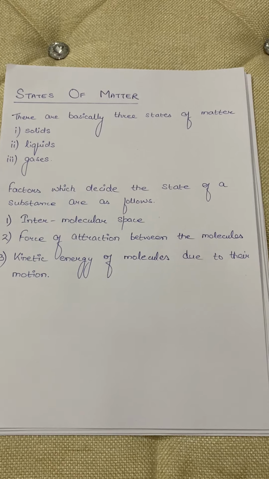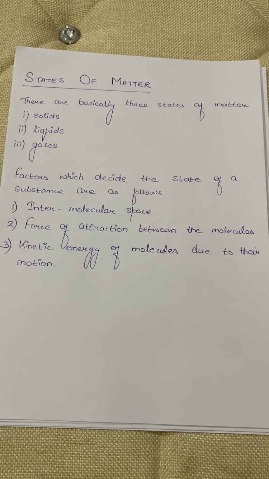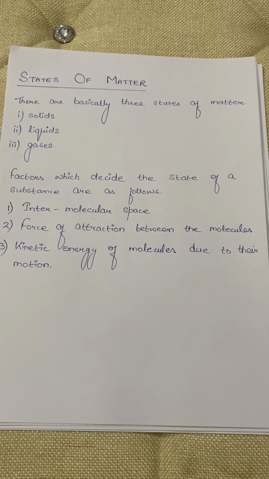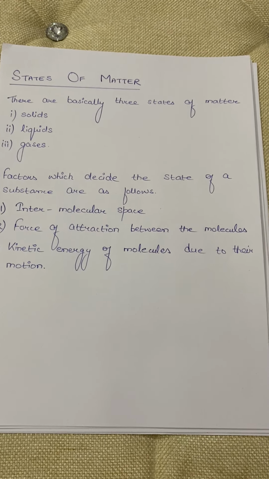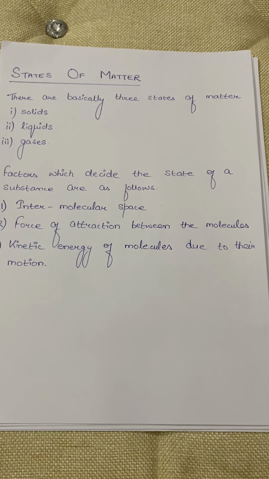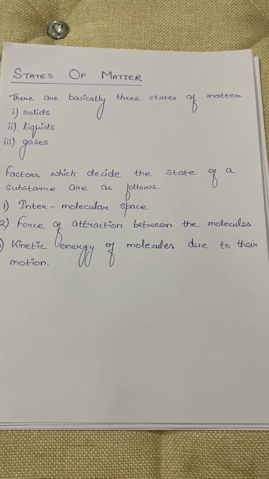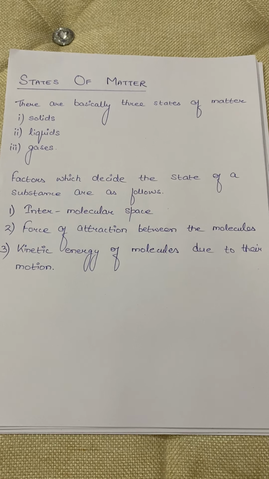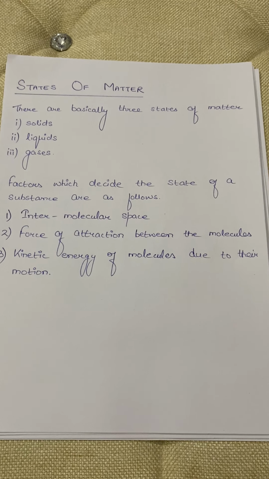So, from where does this concept of kinetic energy come when we are discussing the arrangement of molecules in a substance? It is actually the amount of heat which decides the kinetic energy of the molecules.